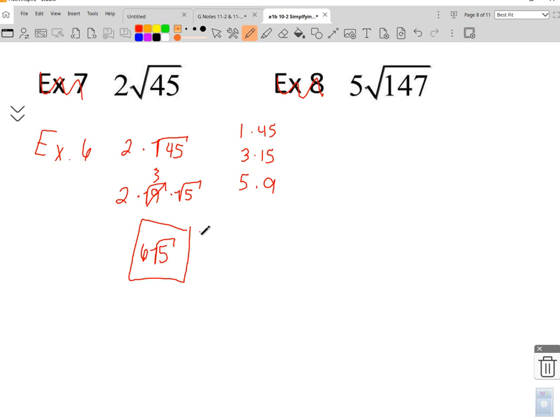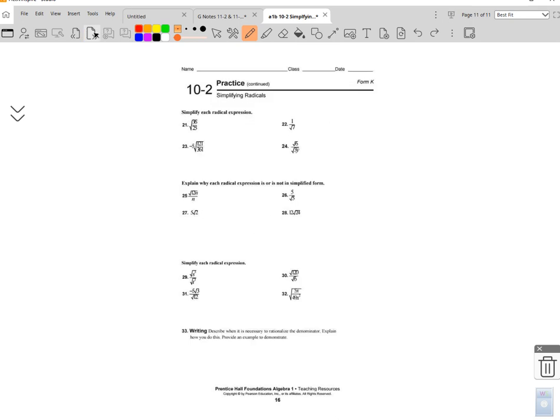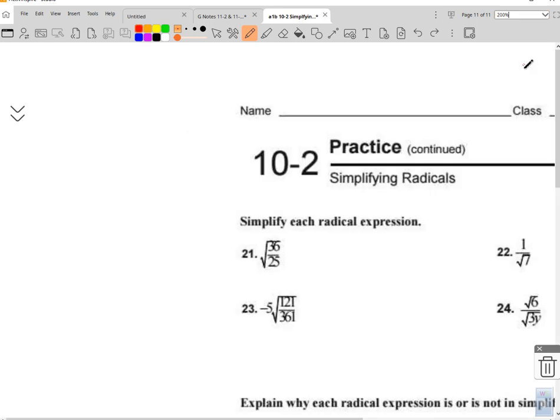So there's an example on the back. So what if we're taking the square root of a fraction? So let's look at one of those. So that was example 6. Let's do number 21. That's going to be example 7 for us. Example 7. So if you can't read it, I'll put it over here. Example 7 is the square root of 36 over 25.